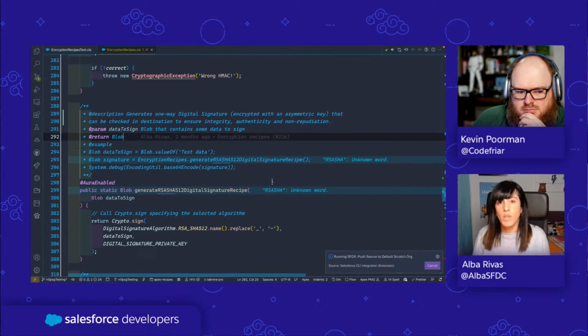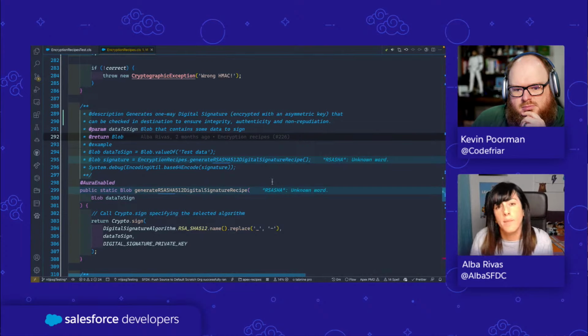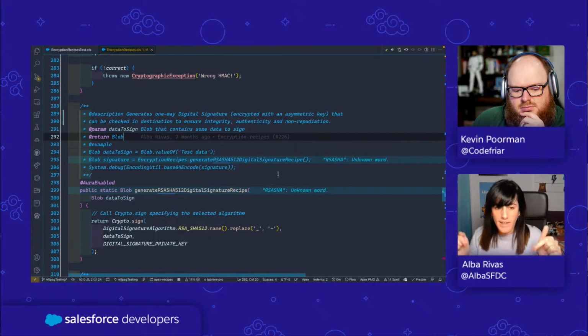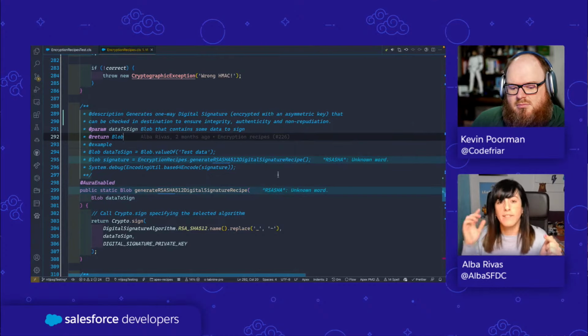So for that, we run a bit more complex algorithm. It is the most complex algorithm of those that we have seen today, right? And in this case is when we use the private and public key, the asymmetric key.